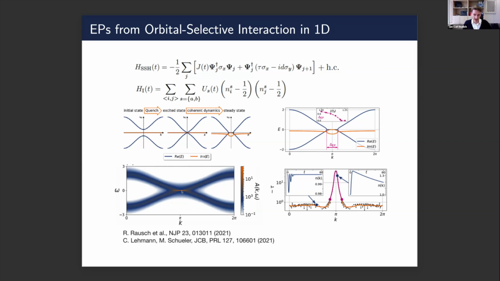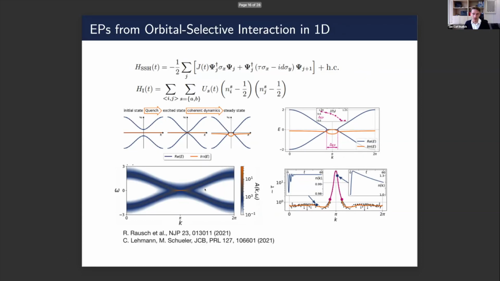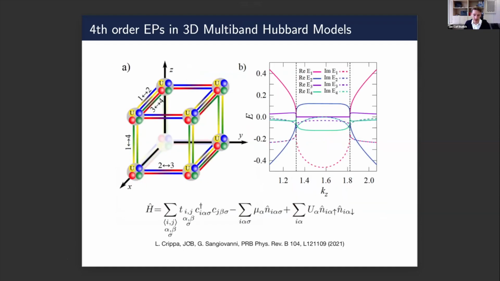And you can see in very basic properties, such as the spectral function, you can nicely recognize this exceptional point feature and this degenerate arc, which is the counterpart of the Fermi arc in a Weyl semimetal, in these observables. This was a one-dimensional system where, thanks to chiral symmetry, you stabilize a twofold degeneracy, done with Lorenzo Crippa and Giorgio Sangiovanni.